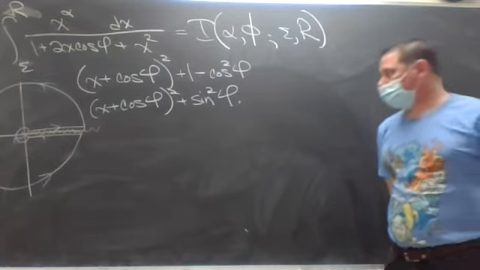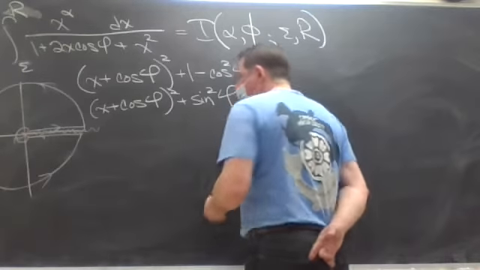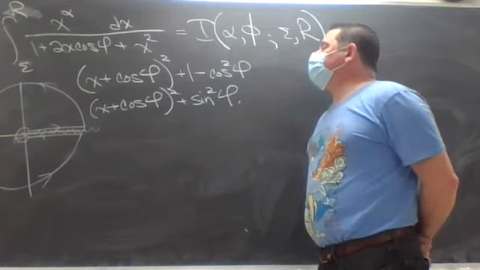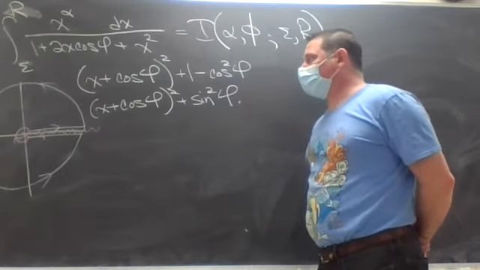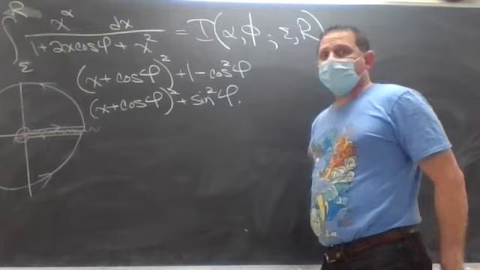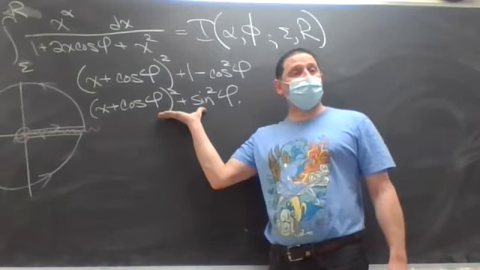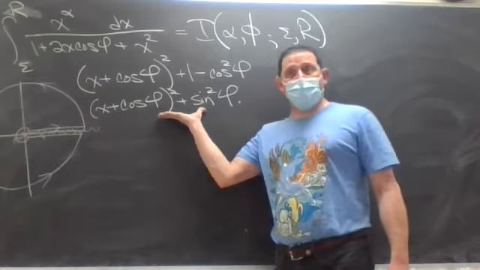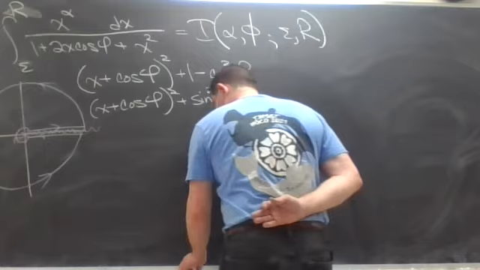Can you do that again? Sure. I'll have problem points at negative cosine phi plus or minus i sine phi. That's because I have problem points where this equals 0. They'll be simple poles.